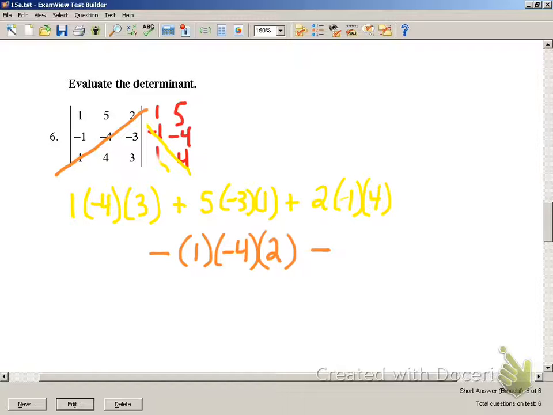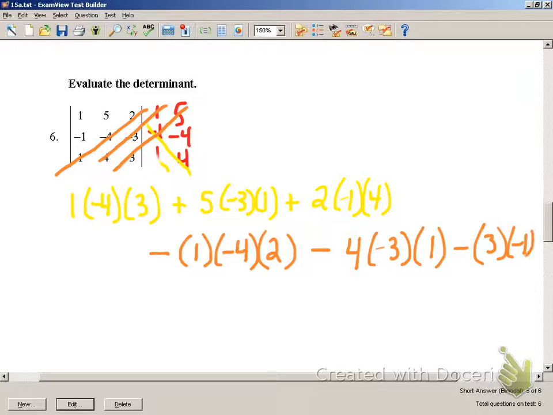I will subtract the product of 4, negative 3, 1. And subtract the product of 3, negative 1, 5. Find all those products, add or subtract where needed, and that will be your determinant for this 3 by 3.